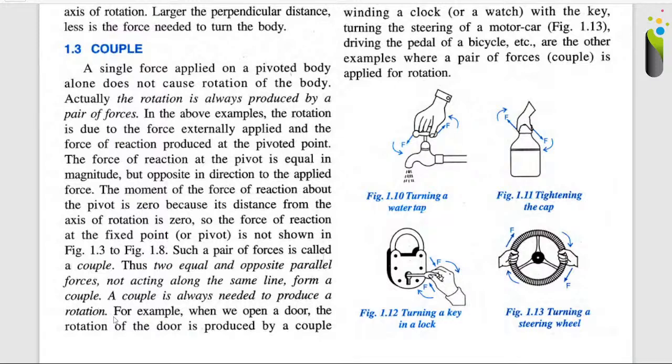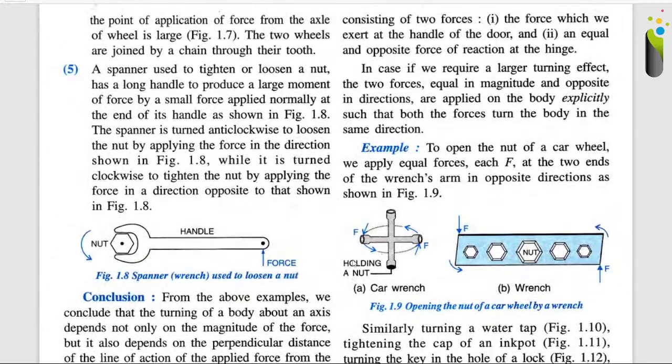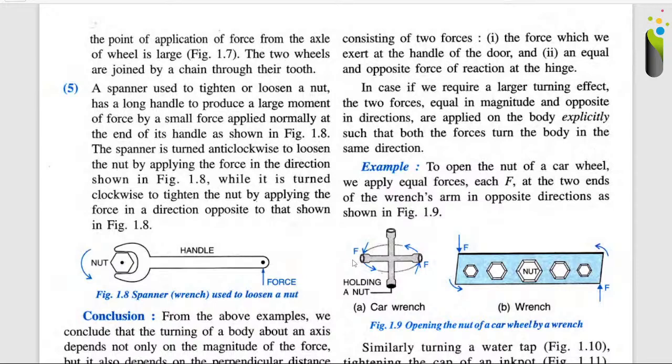For example, when we open a door, the rotation of the door is produced by a couple consisting of two forces. First, the force which we exert at the handle of the door, and second, an equal and opposite force of reaction at the hinge.